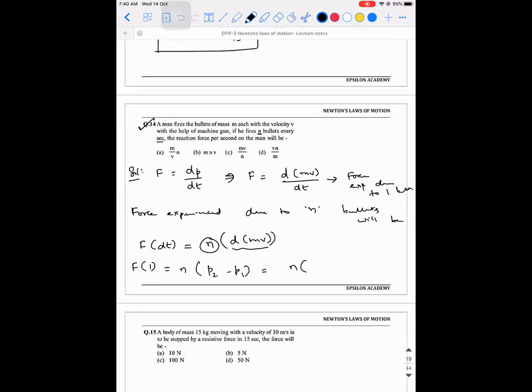What is the momentum with which the bullet is coming out? mv minus, initially the gun was at rest. So n into mv will be the force experienced by the person in 1 second. So F is equal to m into n into v. Mark this as an important problem. I've seen this kind of question many times.